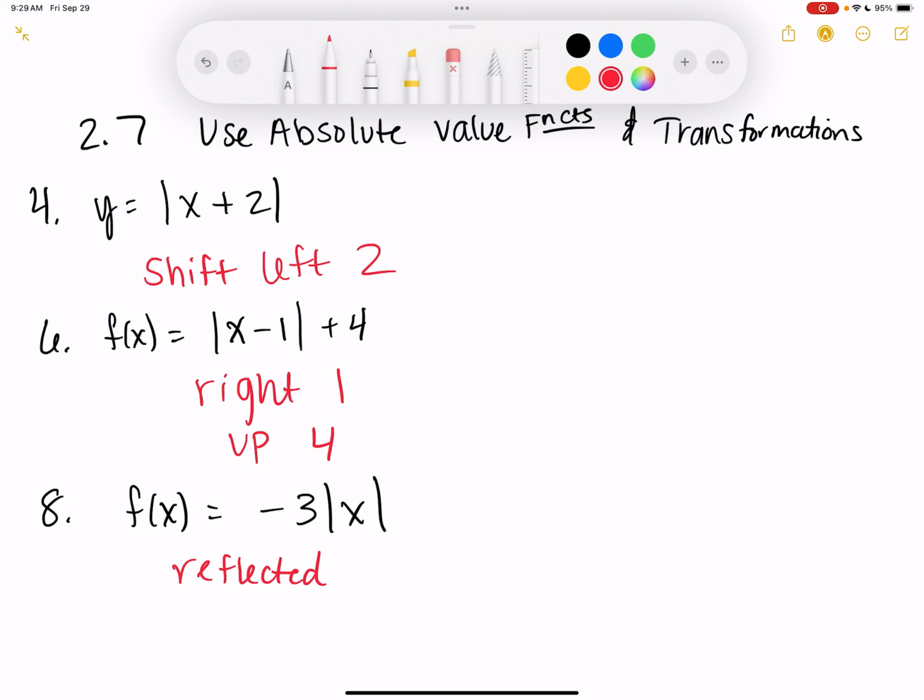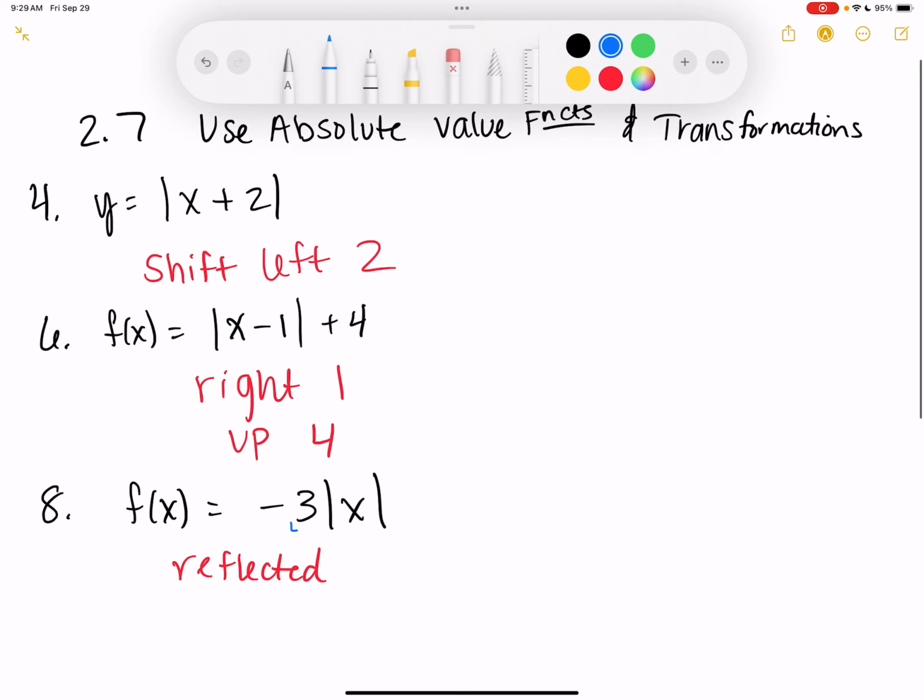All right, the next part of this is what tends to confuse people, this number that's here. In the notes you should have seen that if the absolute value of a is greater than 1, then it's stretched. If it's less than 1, then it is compressed. But a lot of people get confused because they look at it and say it's negative, so it's less than 1.